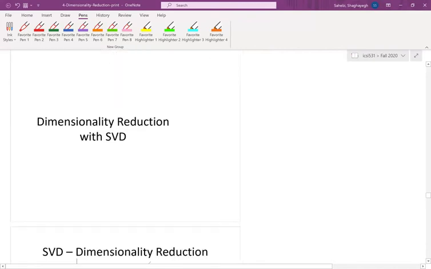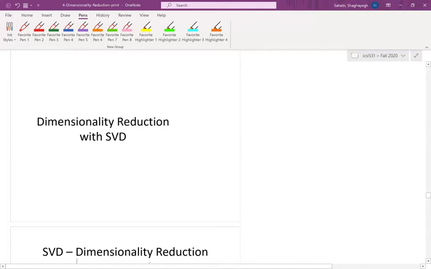But there is another interpretation to our SVD also, and that is the dimensionality reduction interpretation. What is that? We said that in dimensionality reduction, what we want to do is to reduce the dimensions in which we are representing the data, so the features, and that way it will be easier to work with our data.